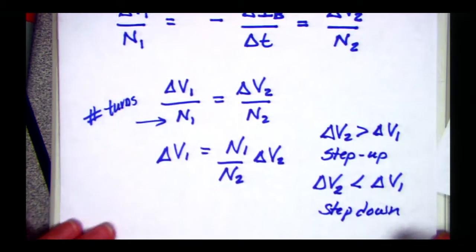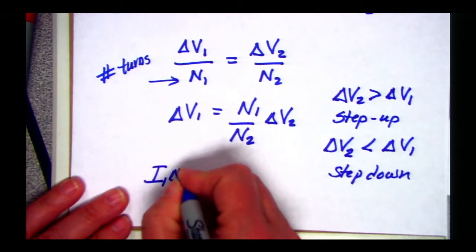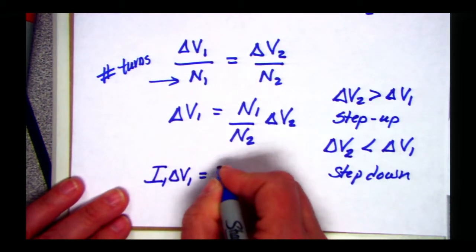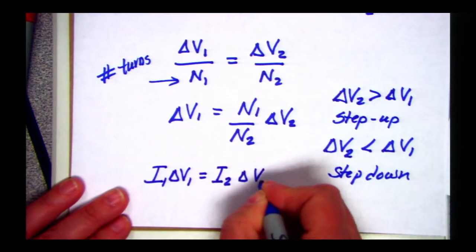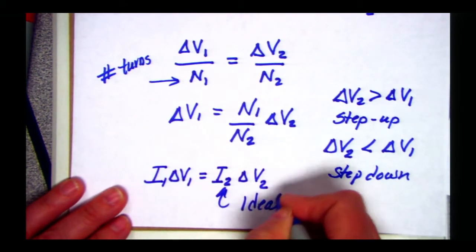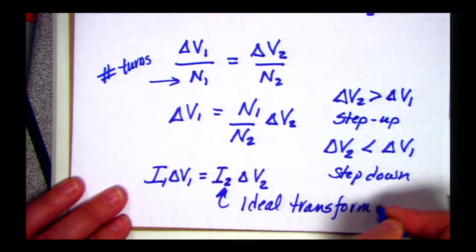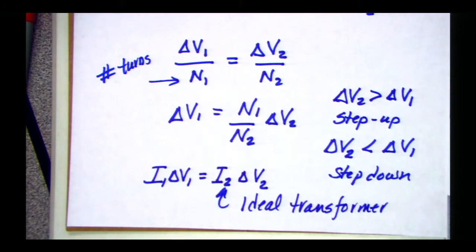And then for an ideal transformer, I get the current relationship, and this is for an ideal transformer. And you guys have worked with these kinds of problems before.